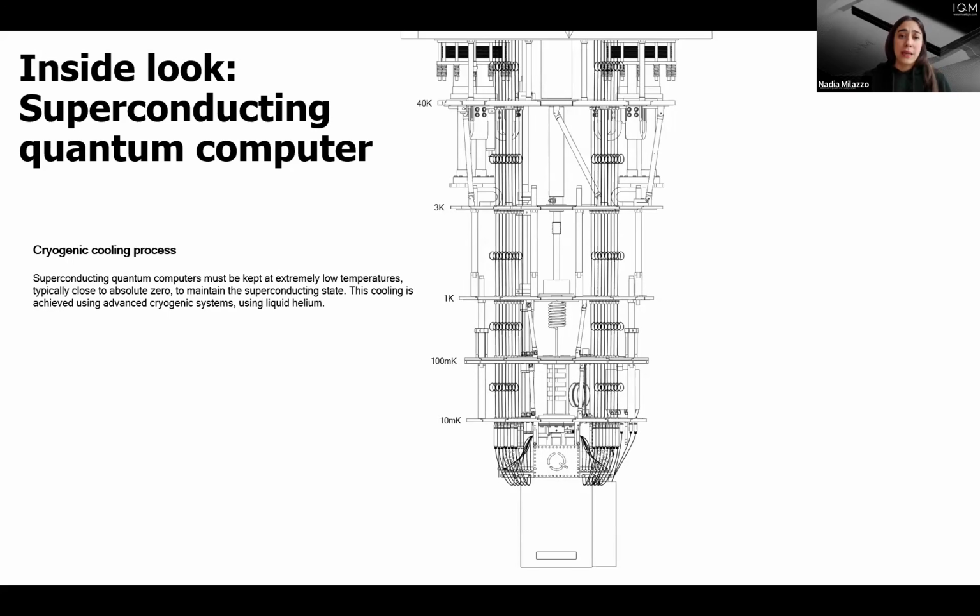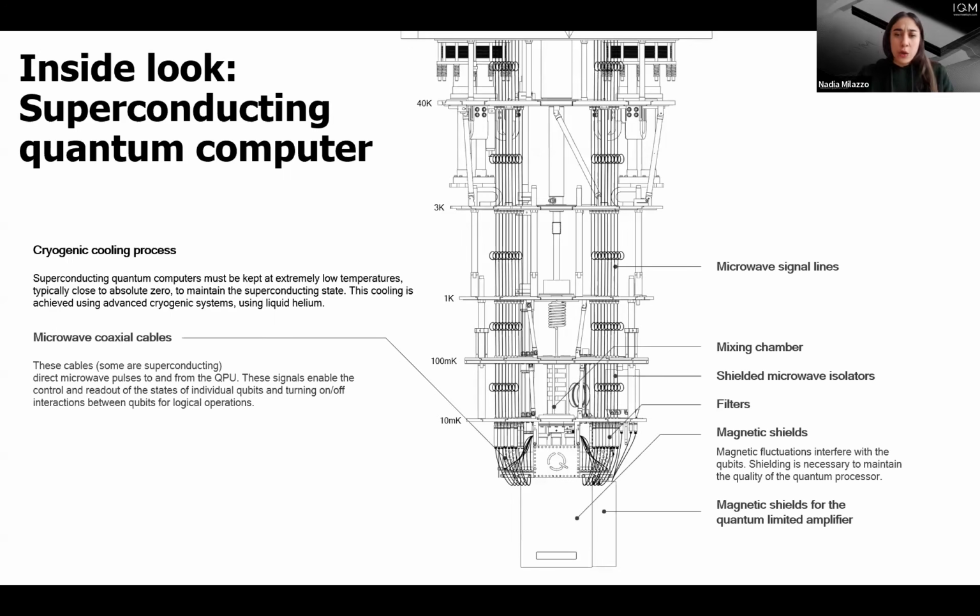First thing is, as we already said, superconductors, these metals that present these exciting properties of conducting electric current without any resistance, need to be cooled down. This means that superconducting quantum computers also need to be cooled down. And this is done through a cryogenic cooling process, usually achieved through, for example, liquid helium here.